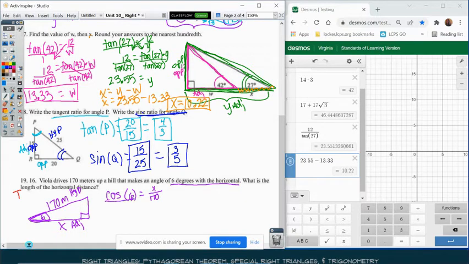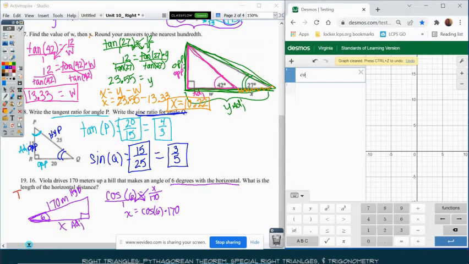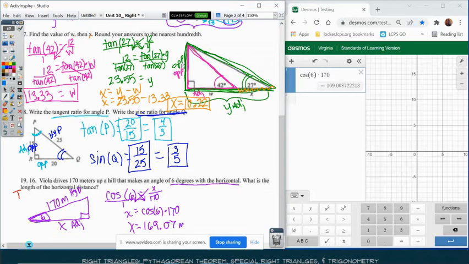Number in the angle, put it over a number 1, cross multiply for us, x times 1 is x, and then you're doing a cosine of 6 times 170 to get that final answer. So the cosine of 6 gets multiplied by 170, so x must be about 169.07 meters for us, right? And that makes sense for this horizontal distance to be pretty close to the hypotenuse because my angle of 6 degrees is so shallow.